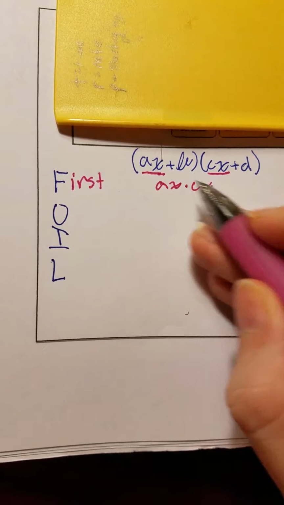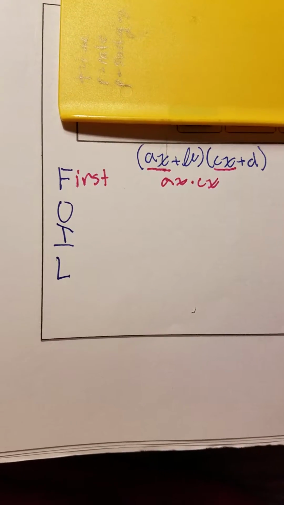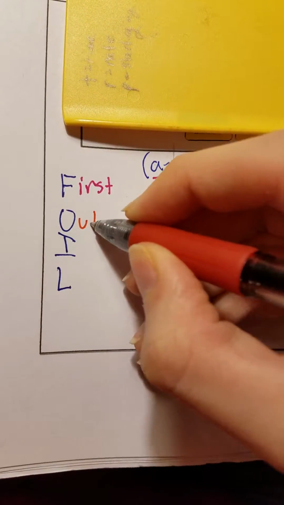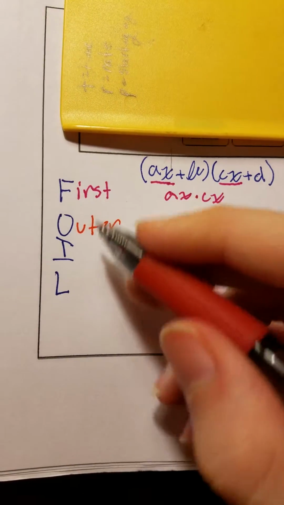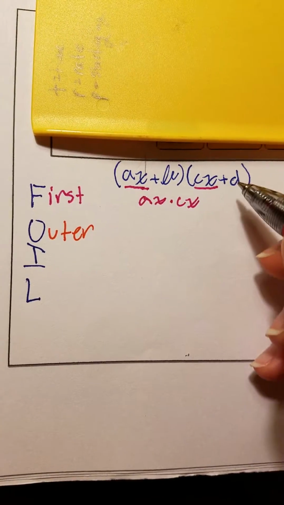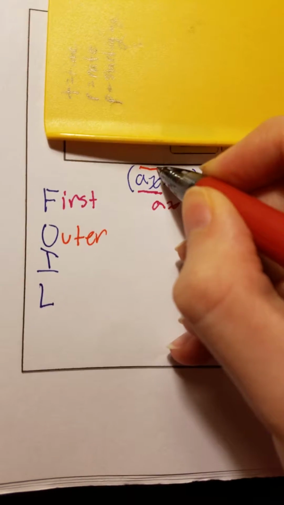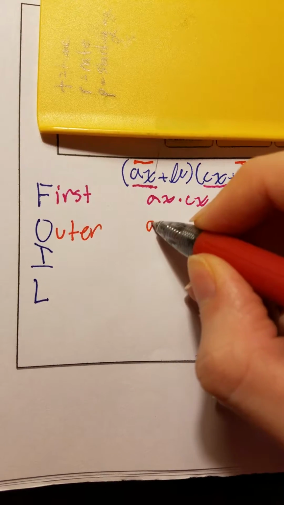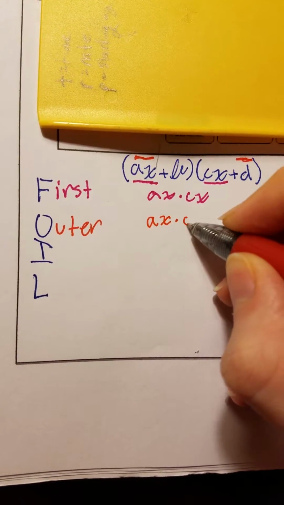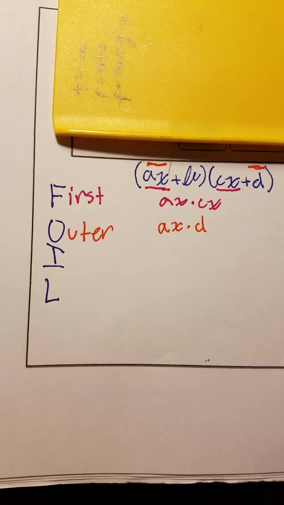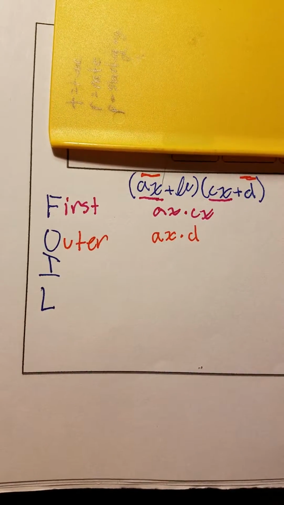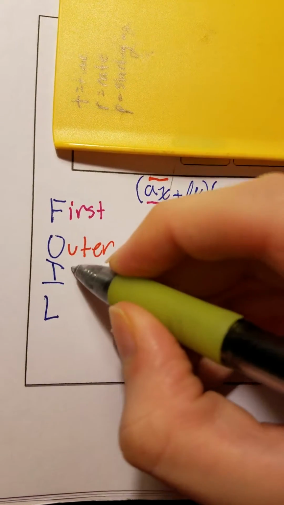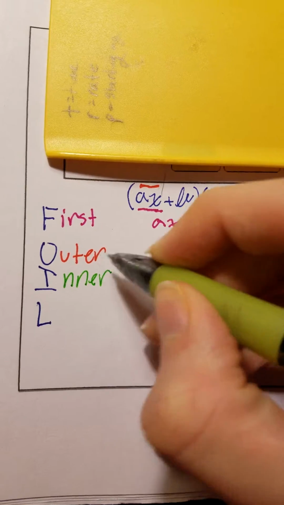That is your first step. It's to multiply the two first terms of each binomial. Your second step is outer, O-U-T-E-R, outer. You multiply the two outside terms of each binomial, which here would be AX and D. So, outer: AX times D. The next step is the inner step.